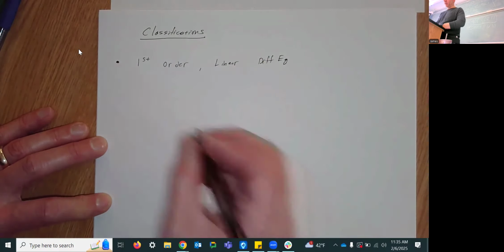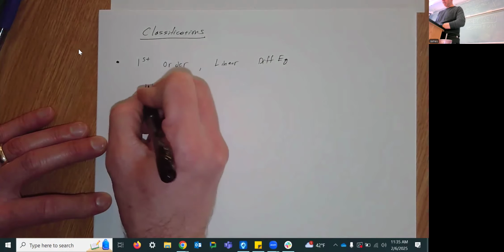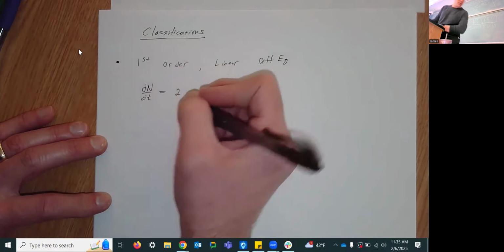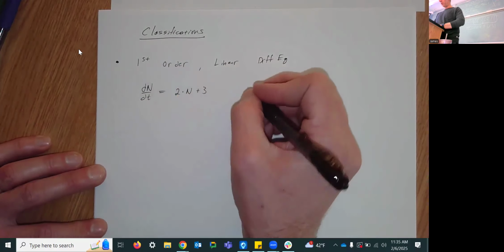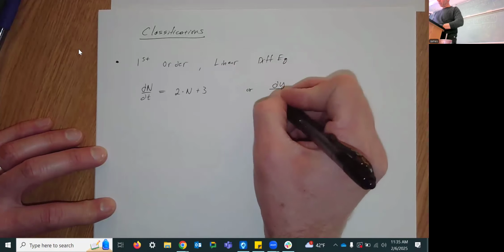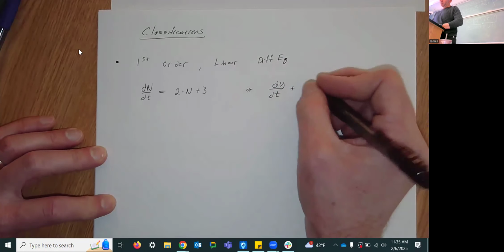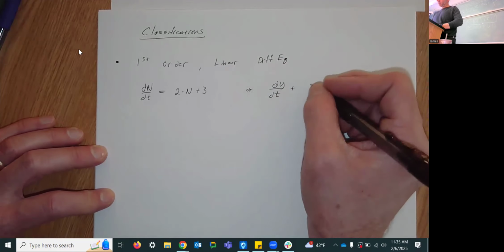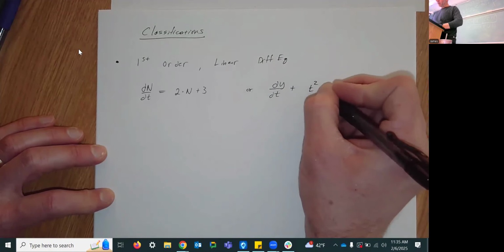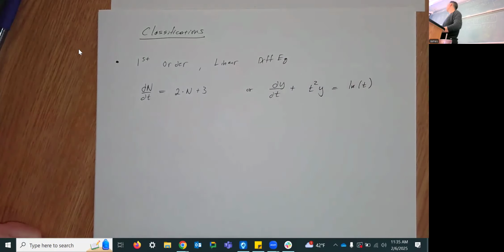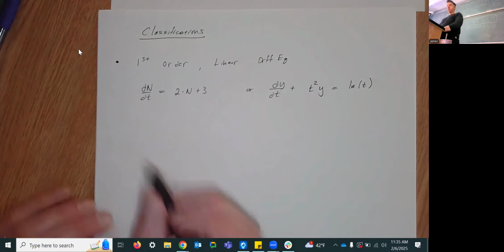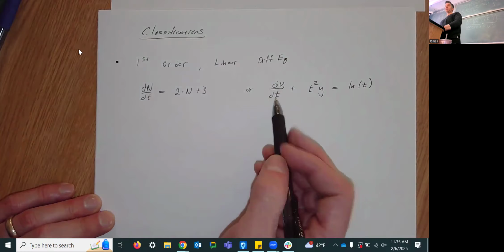Let's write it down as dN/dt equal to 2 times N plus 3, or another example, dy/dt plus t squared times y equals natural log of t. Both of these are first order because the highest derivative I have is the first derivative: dN/dt, dy/dt. I also could have written y prime instead if you prefer.